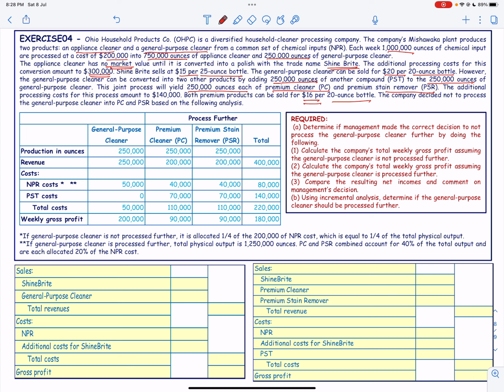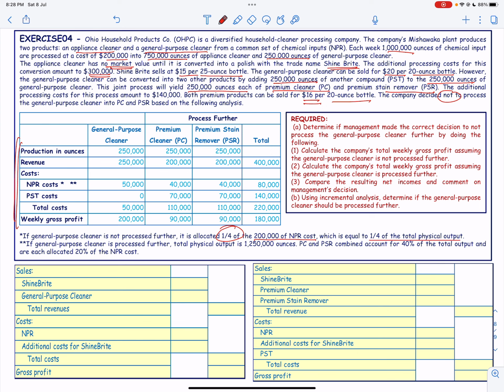The company decides not to process further the general purpose cleaner into premium cleaner and premium stain remover based on the following analysis. Then if general purpose cleaner is not processed, it is allocated 1/4 now of the 200,000 of NPR cost, which is equal to 1/4 of the total physical output.